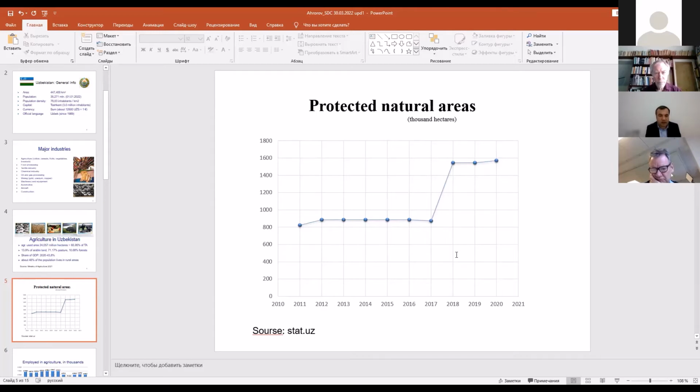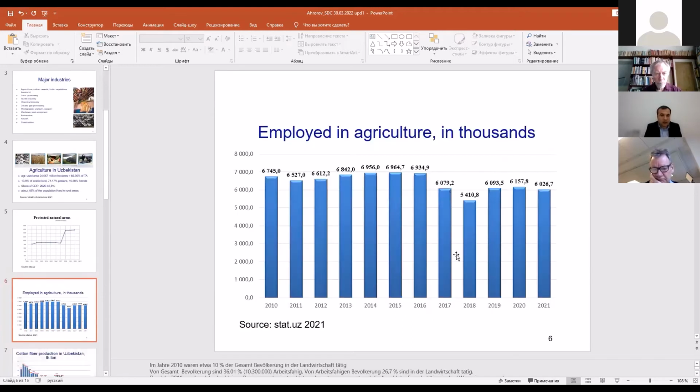So in Tashkent region, in Samarkand region, in some other regions, our government has increased protected areas in Uzbekistan. Total employed in agriculture, so about 6 million economically active population are employed in agriculture, full-time or part-time.